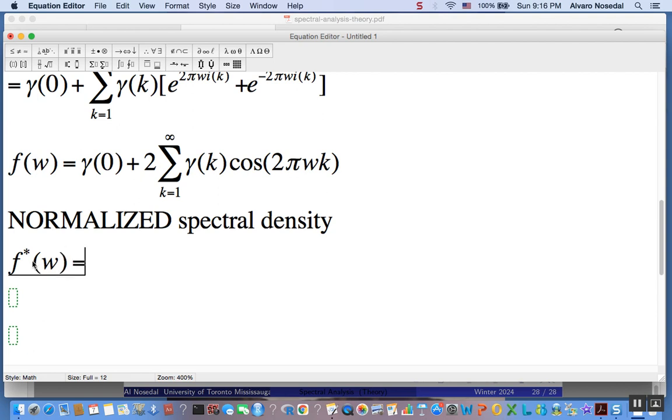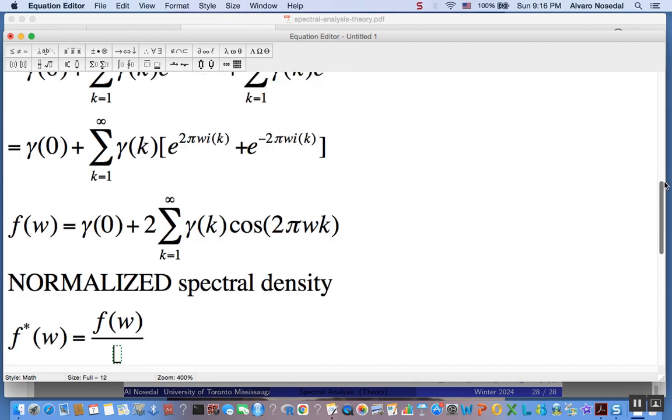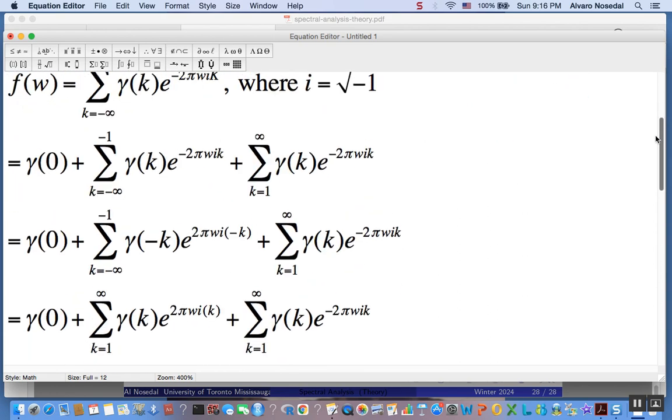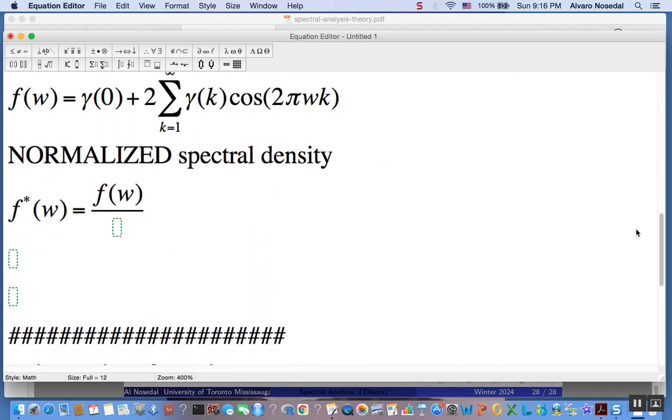We use F star to refer to the normalized spectral density. So one way of finding it would be like this. You have the spectral density and you divide that by the variance of your process. In this case we are using y's to refer to that process. So let me write it down like this. Variance of your process y.